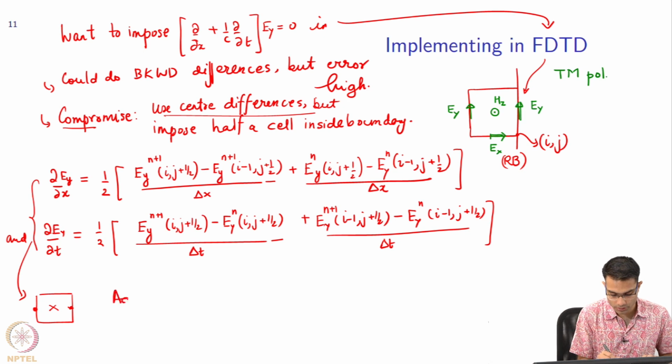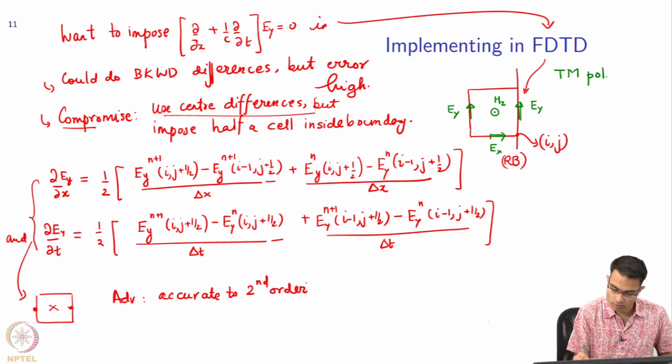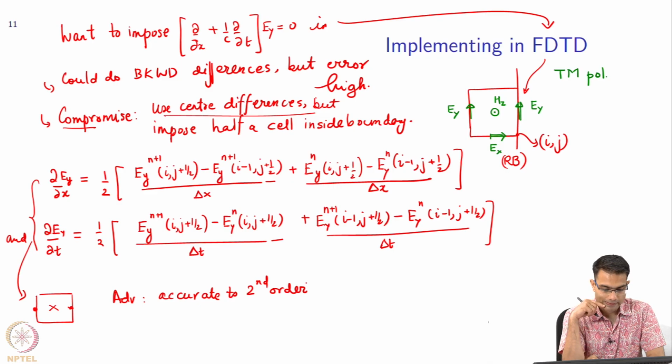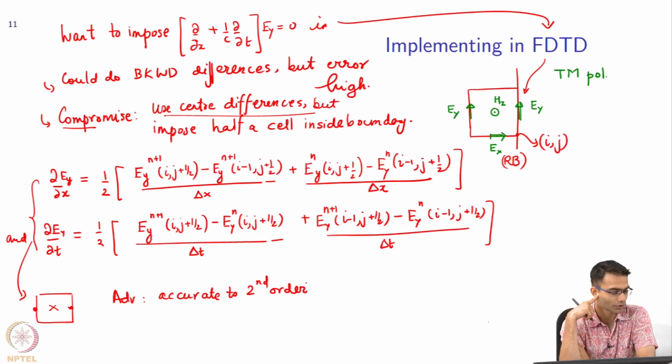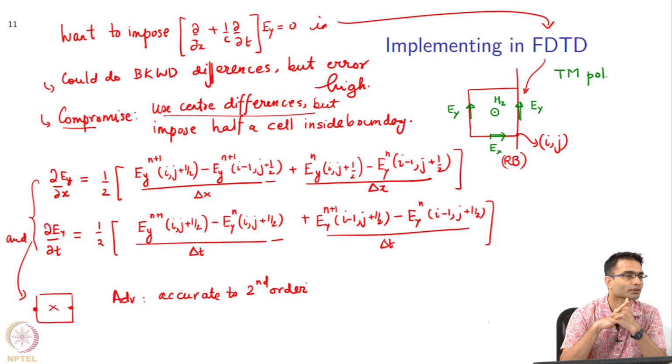So the advantage was that it is accurate to second order, because it is a center difference. This is what we will substitute for Ey into this boundary condition, and in any implementation we want to get an update equation out of it.